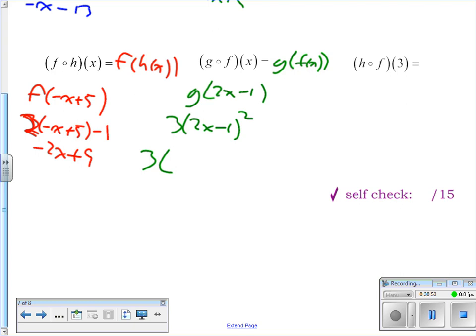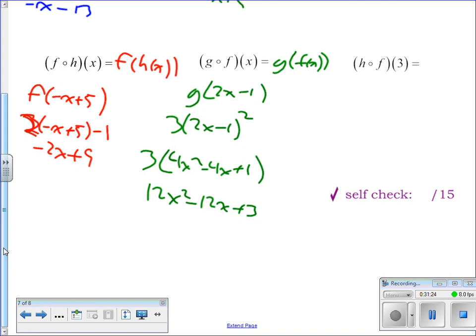Square the first term, 2x, I get 4x squared. Multiply the 2, 2x times negative 1 is negative 2x, double it, minus 4x, square the last term, plus 1. If you FOIL it out and combine the like terms in the middle, you'll get the same thing. Then multiply everything times 3: 12x squared minus 12x plus 3.